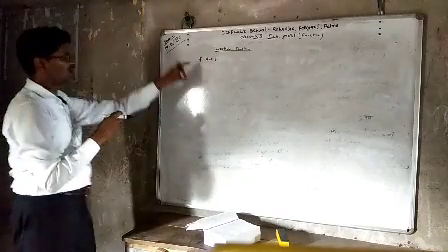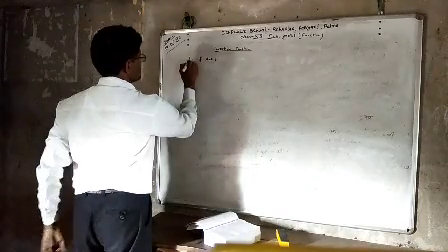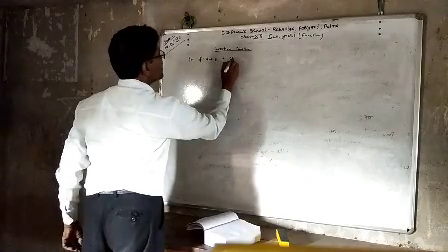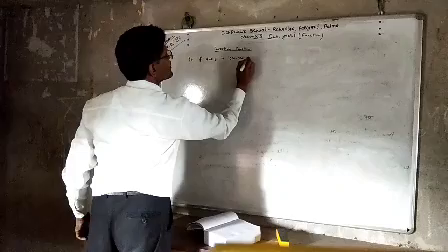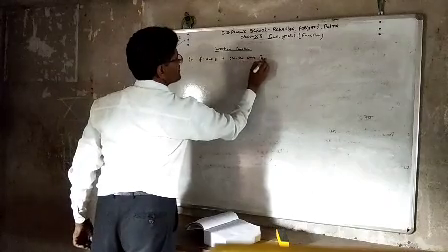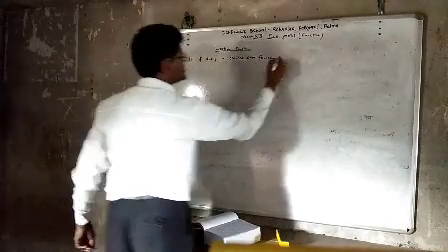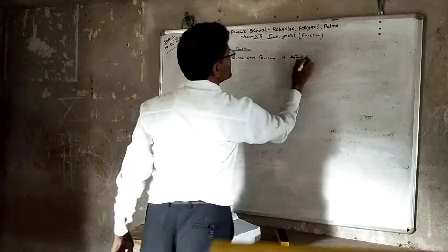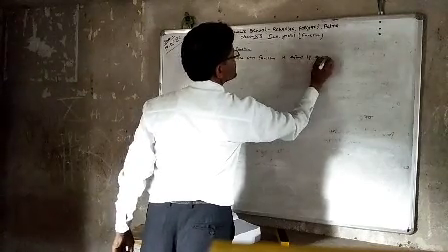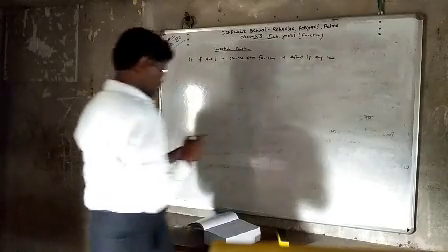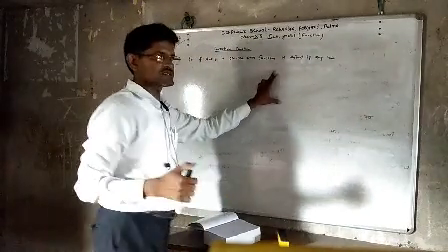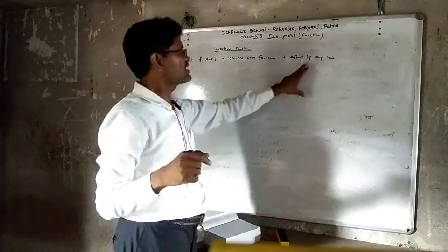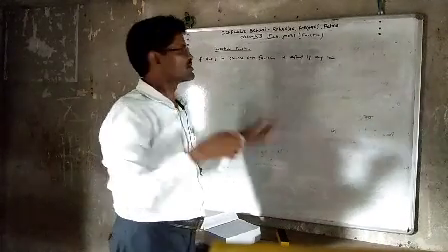Hence, we can define the invertible function: if a function f from A to B is one-one and onto and is defined by any rule. We have seen in previous classes that every function is defined according to a rule.